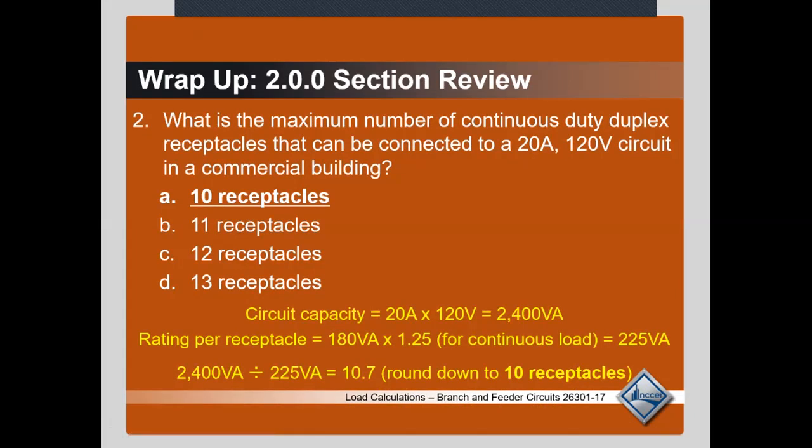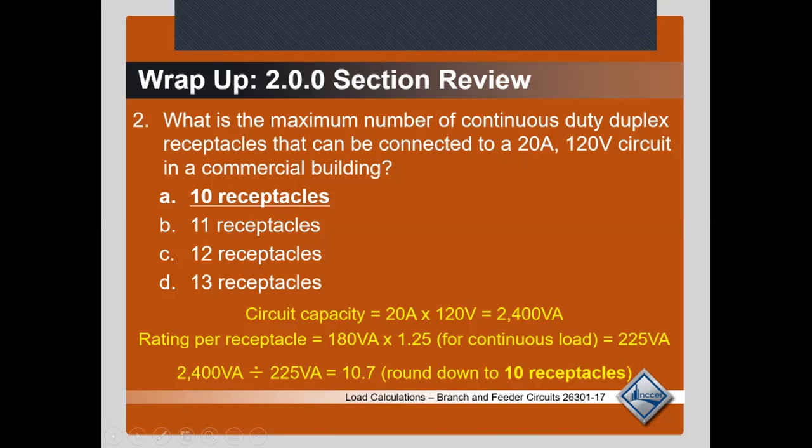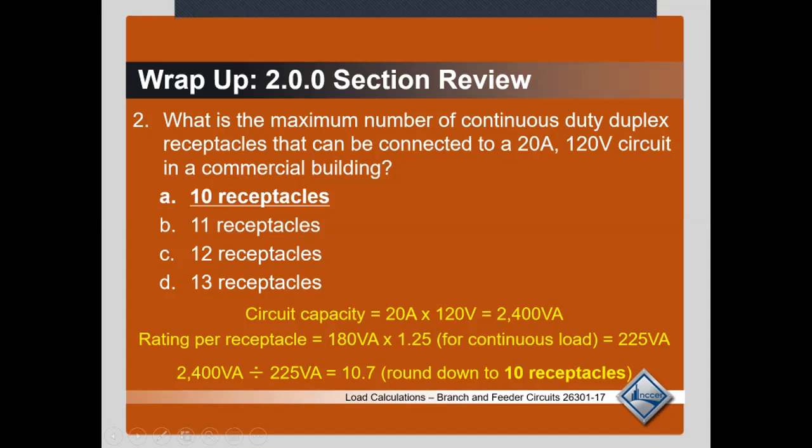Continuous duty. We didn't multiply it times 125%. So 20 amps times 120 equals 2,400. Rating per receptacle is 180 volt amps times 125% equals 225. And we divide that into 2,400, that gives us 10.7. So we'll say 10. Does that make sense?